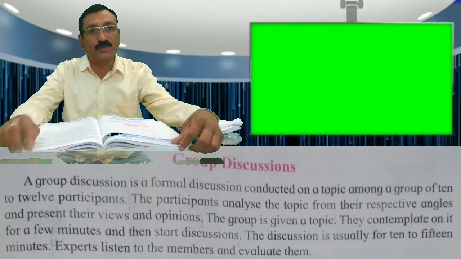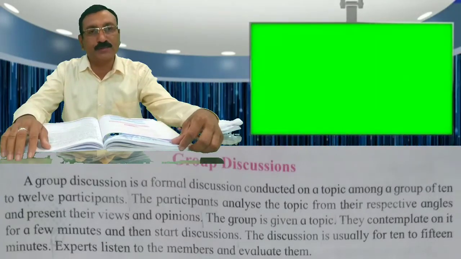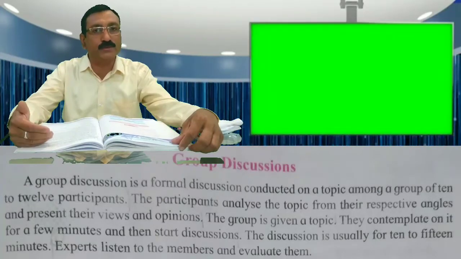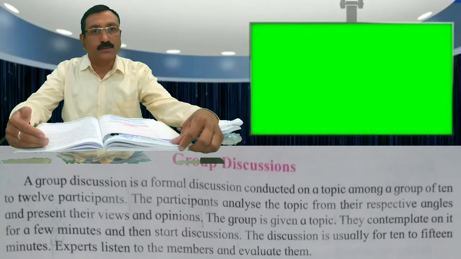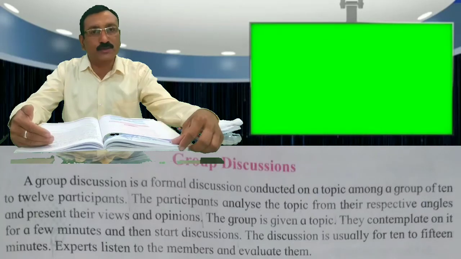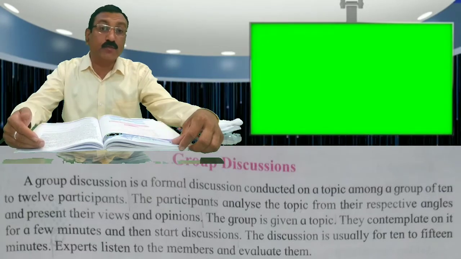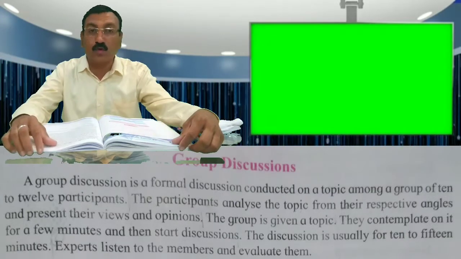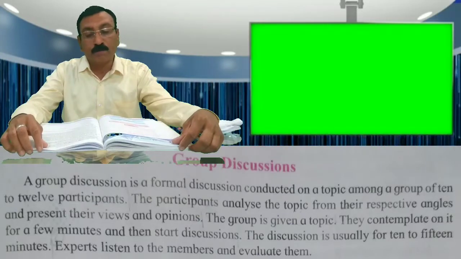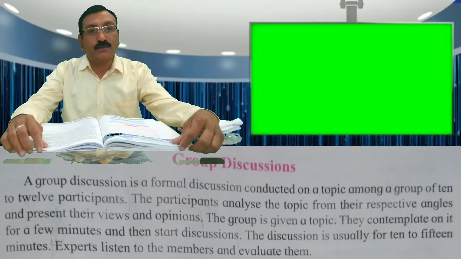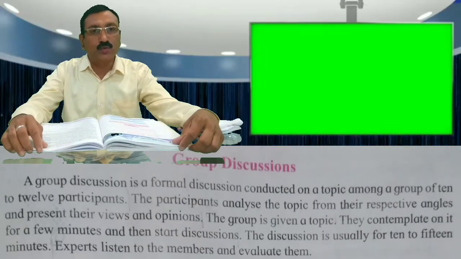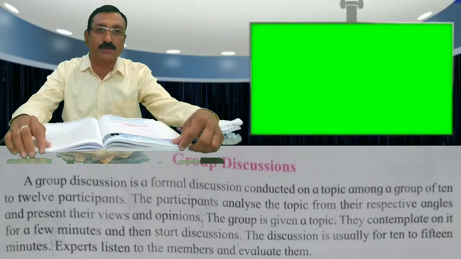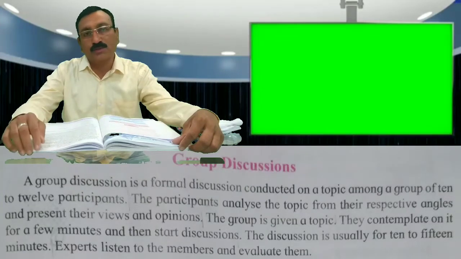When the participants express their views and opinions, the experts listen to their discussion carefully and evaluate who is speaking what. Therefore, every participant is expected to involve actively to express his views and opinions in the group discussion.